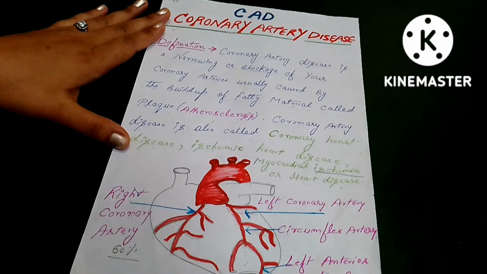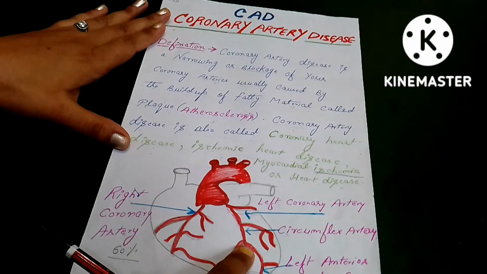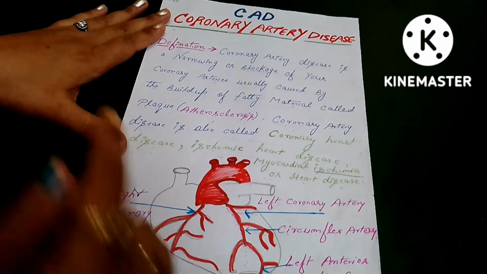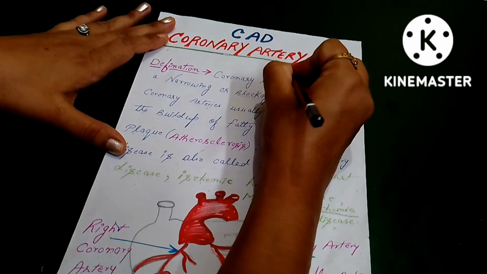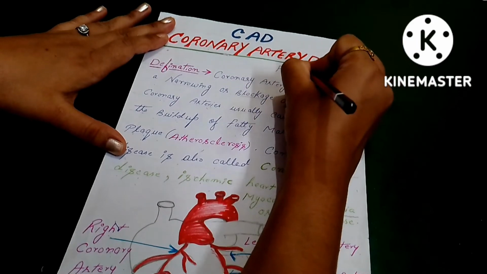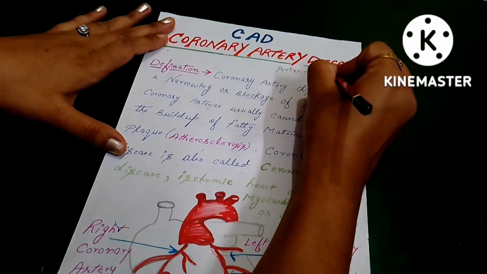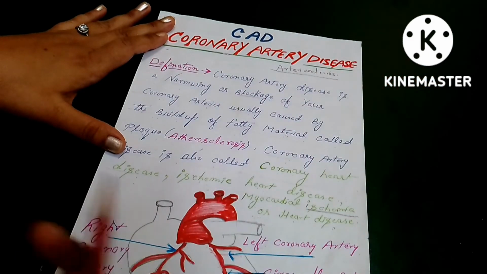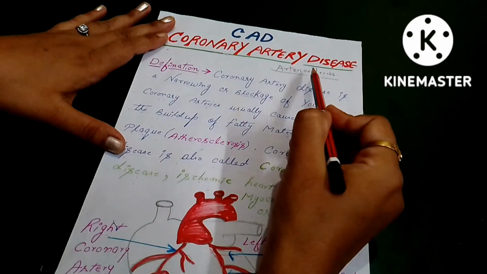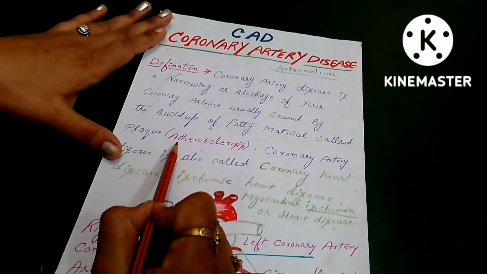So there is a deposition of fatty materials built up in our arteries, and these fatty materials are called plaque. As you know, there is a term arteriosclerosis. I'm writing this term here, arteriosclerosis. Arteriosclerosis means hardening of our arteries. A part of arteriosclerosis is atherosclerosis.